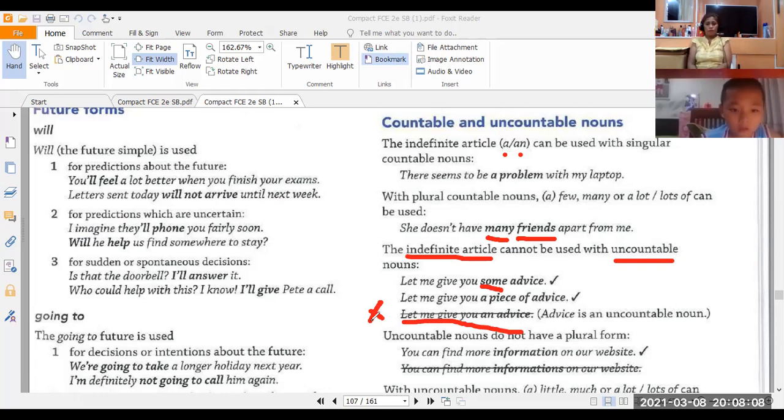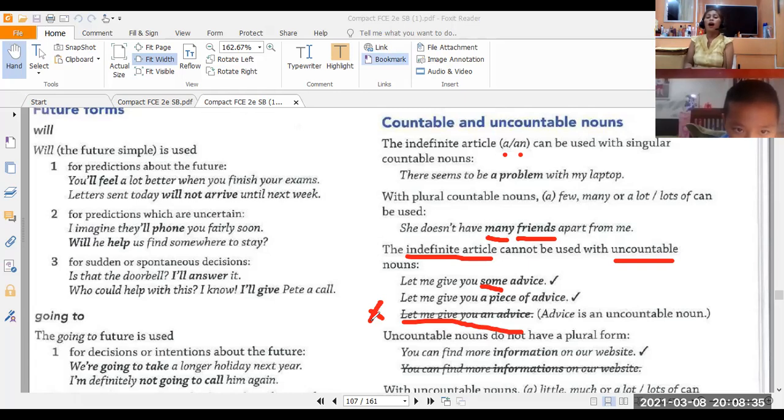It's wrong. Let me give you some advice. Let me give you a piece of advice. But you will not say let me give you an advice, because that is wrong. Do you understand? Yes. Okay, very good.